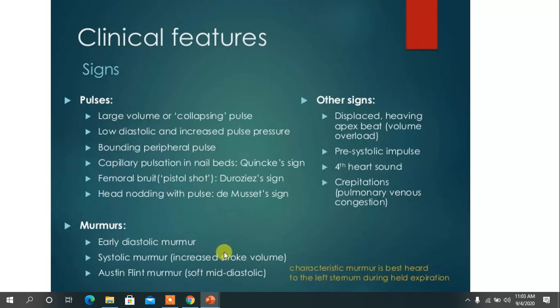Systolic murmur because of the greater amount of blood going into the aorta, increased stroke volume, then you may hear a systolic murmur. And also a soft mid-diastolic murmur, Austin Flint murmur, can also be heard over the aortic valve.